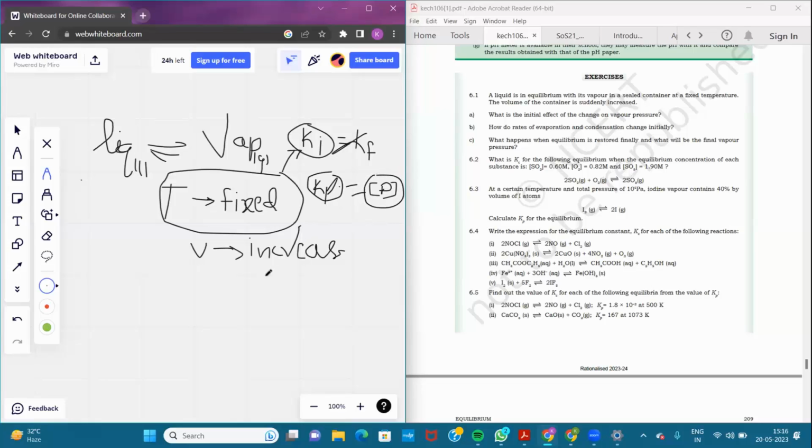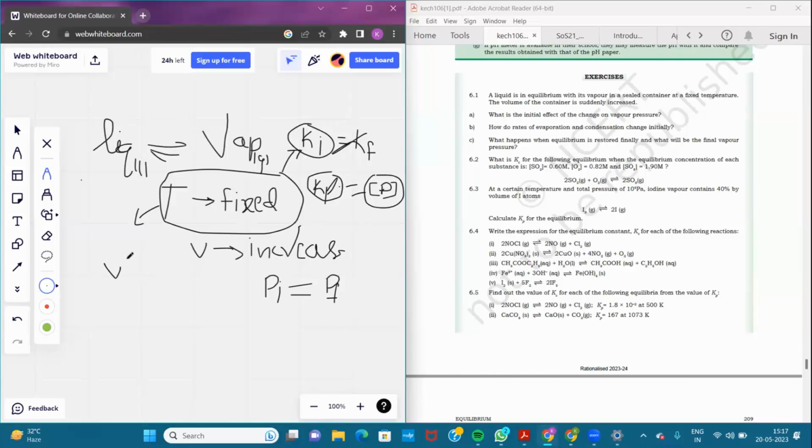So, vapor pressure of initial case and vapor pressure of final case remains the same. So, the main point in this question lies with this statement. Temperature is fixed, so equilibrium constants will never change.